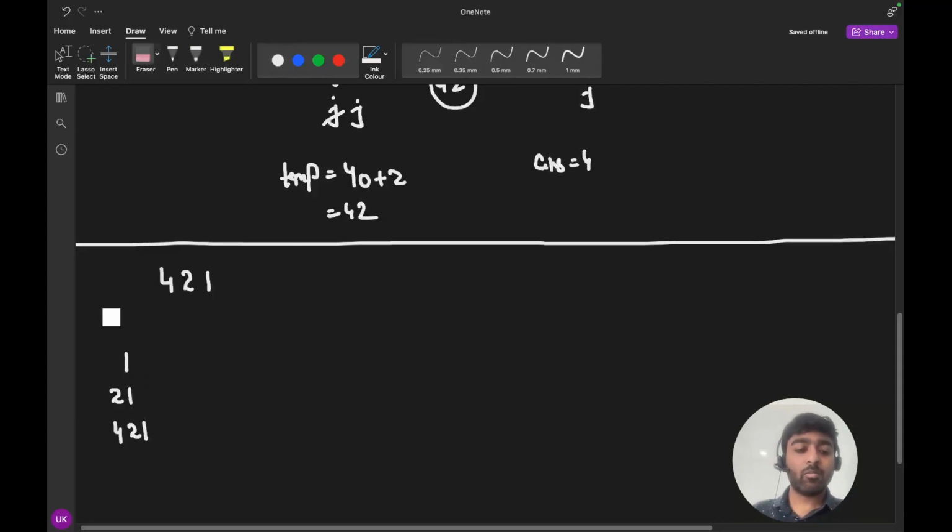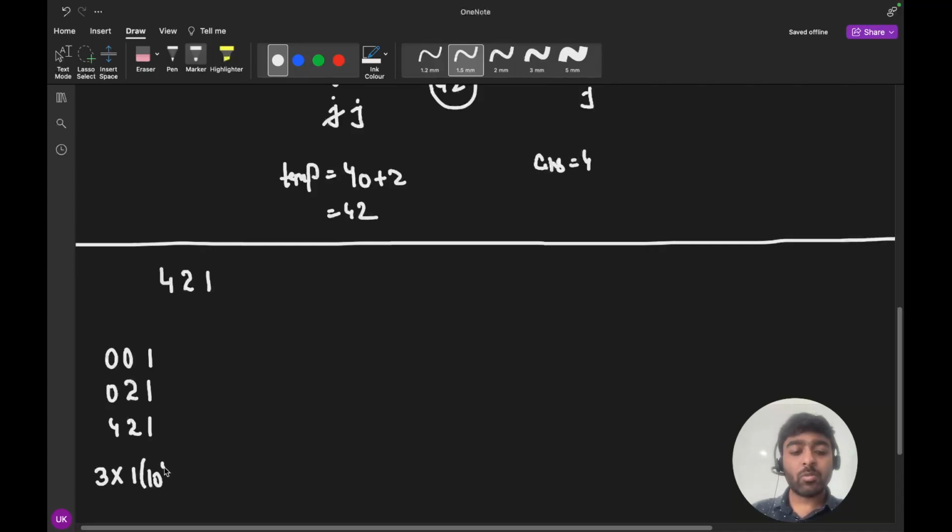Or let me write it in a better way: 1, 2 1, 4 2 1. So you are seeing that the contribution of 1 is always at the ones place. And how many times? It is 3 times, and always 1 is at the 10 to the power 0 place, meaning ones place.